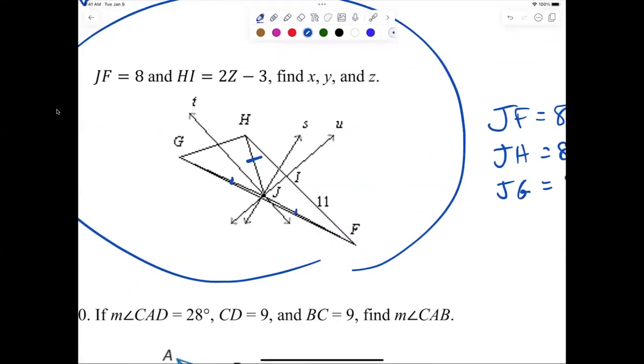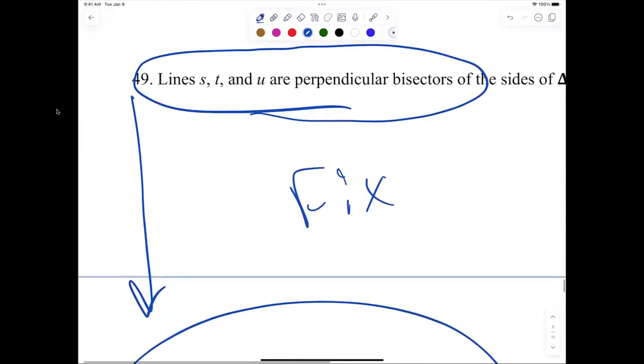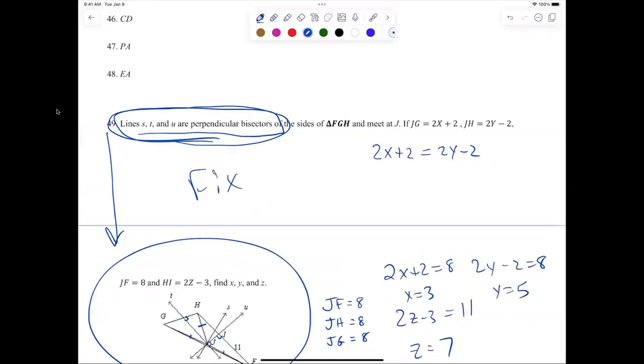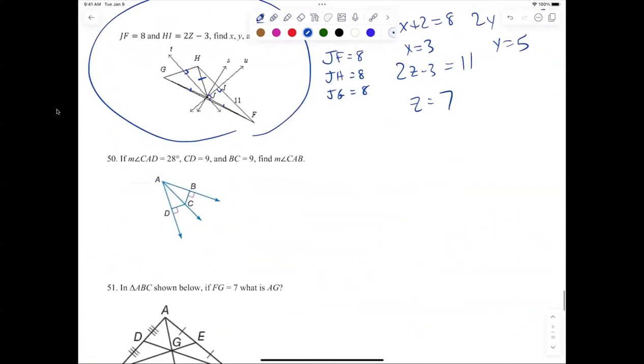We'll put the right angle sign in there. I don't care. Put the right angle sign in there. Right angle, right angle, right angle. The whole point is you're supposed to gather that information from the fact that they tell you it's perpendicular bisectors. The 3 perpendicular bisectors form the circumcenter, which is equidistant from the vertices.